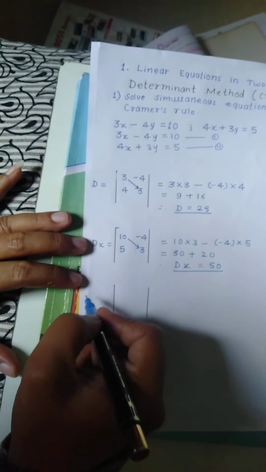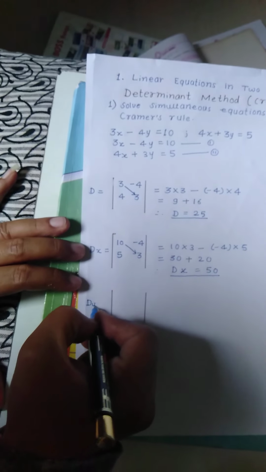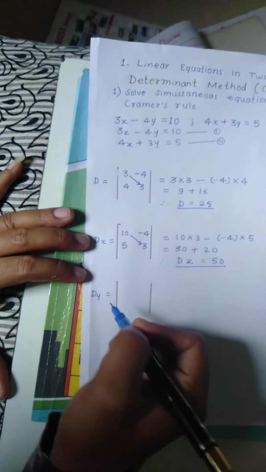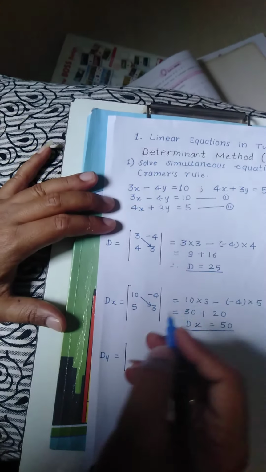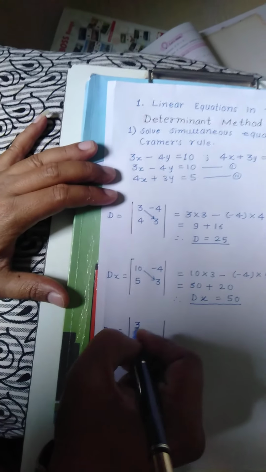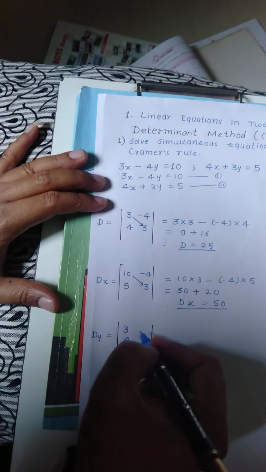Now we require determinant Dy. To calculate Dy, take the coefficient of x, but instead of y we take the constants, that is 3, 4. Instead of y we take here 10, 5.